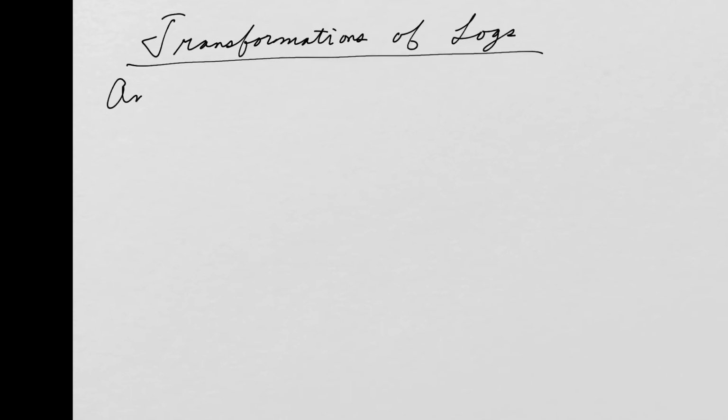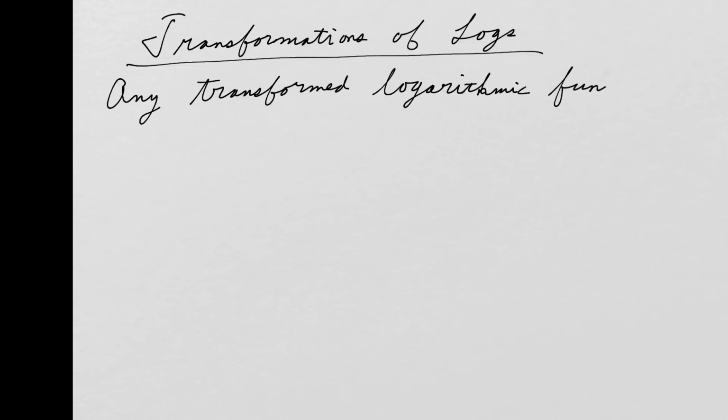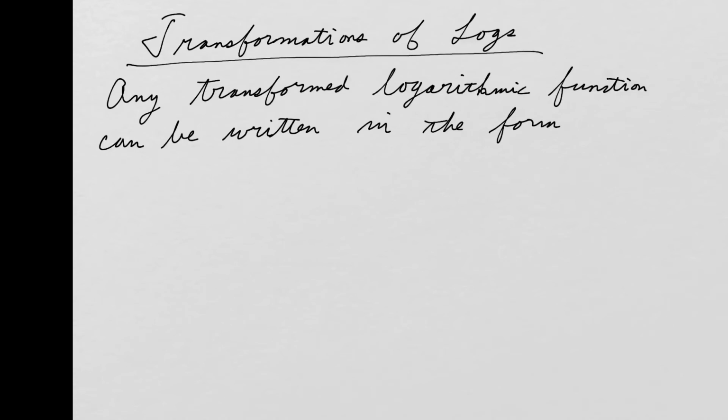Any transformed logarithmic function can be written in the form f of x equals a times log, and I'm just going to use base 10 here, of x minus b, plus k.